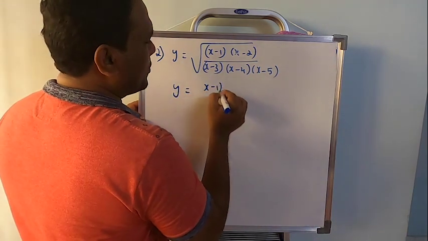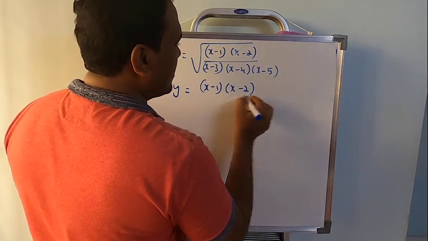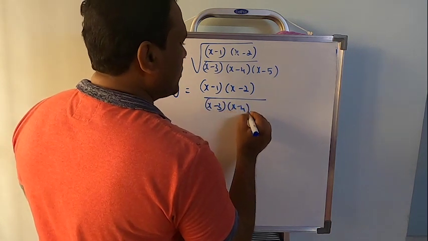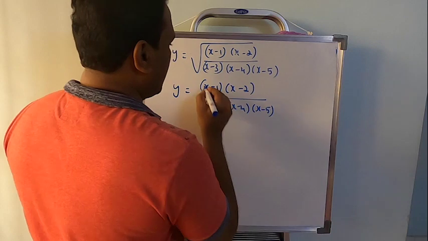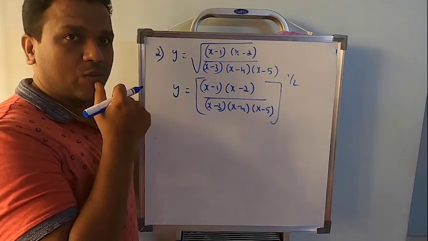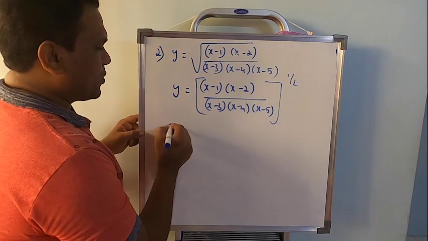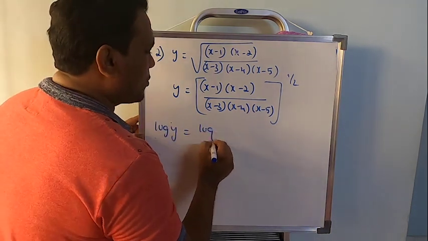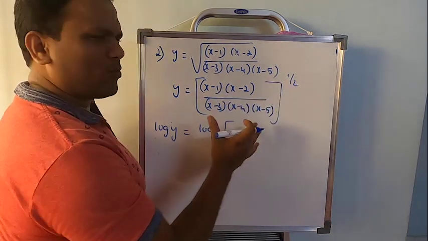Y is equal to x minus 1, x minus 2 by x minus 3, x minus 4, x minus 5 whole to the power 1 by 2. Root x will be written as whole to the power 1 by 2. So apply log now. So log y is equal to log of, so many things are there.